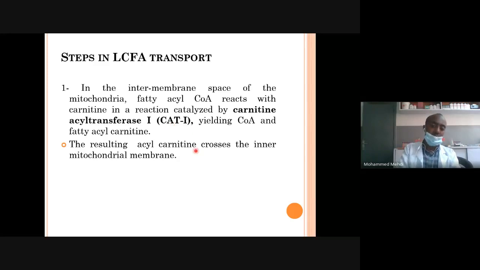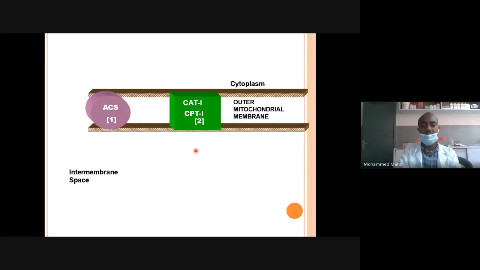And then after crossing the inner mitochondrial membrane, the second enzyme removes carnitine and adds coenzyme A. This is a simple diagram showing how it is activated plus transported into mitochondria. Acyl CoA synthetase activates the fatty acid. Carnitine acyl transferase 1 replaces coenzyme A by carnitine, then transports the acyl group into the matrix.